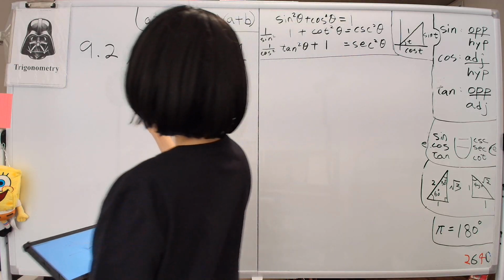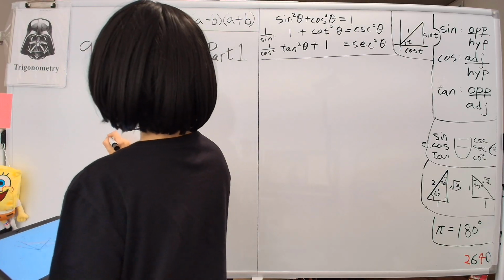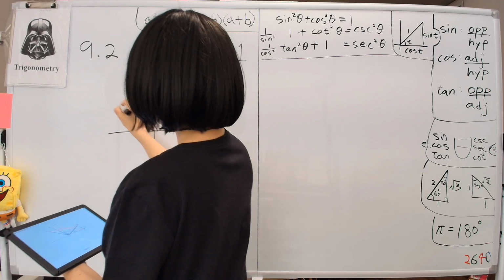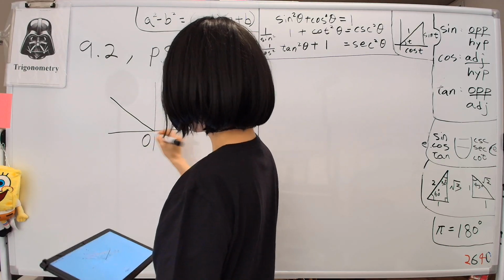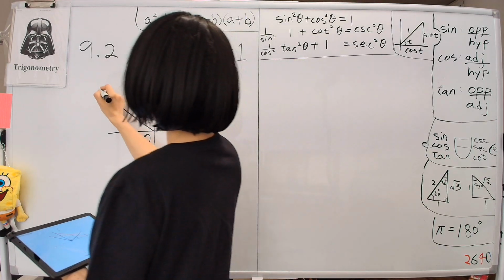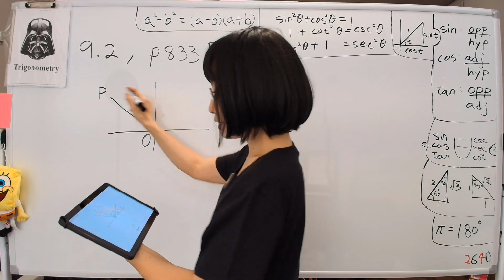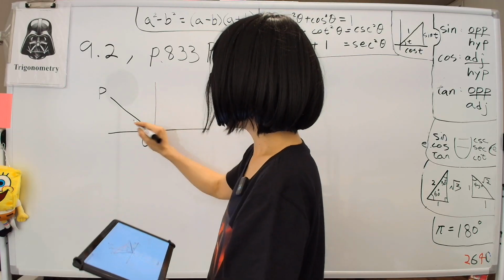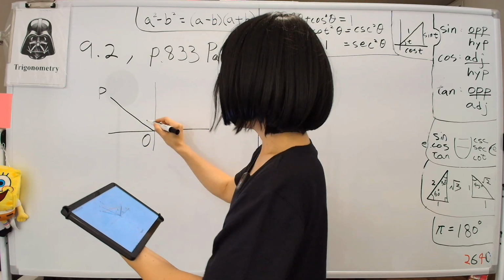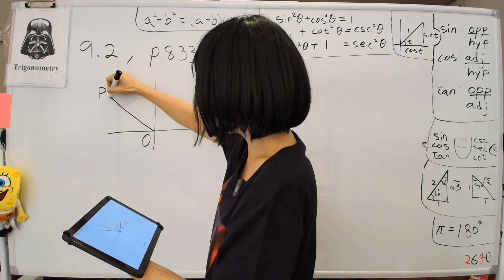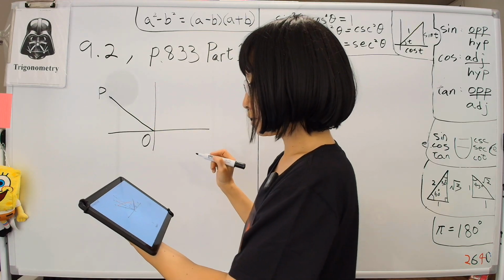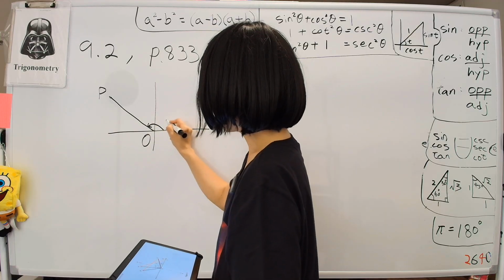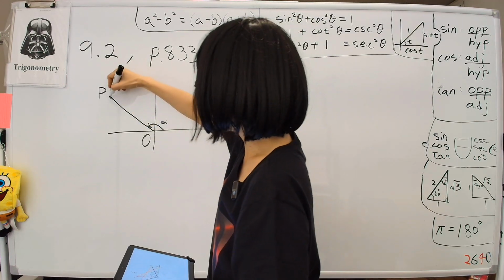First, we will draw this picture, and this origin is called O. Then we'll have a point P here, which is on the unit circle. So this distance is 1, but more importantly, this angle coming from here to here is angle alpha, and this is point P.